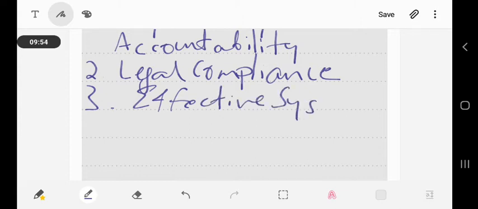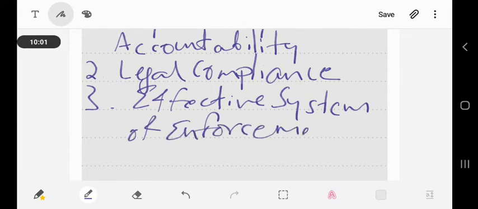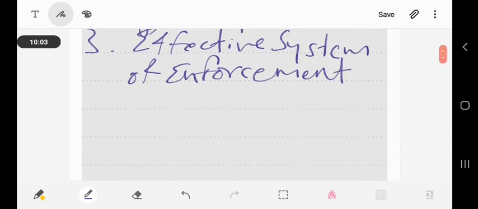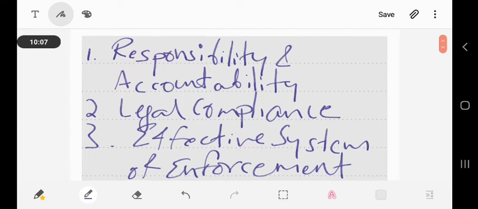Effective system of enforcement. So to meet all these things, there must be a mechanism for responsibility and accountability, there must be a mechanism for legal compliance, and also there must be a mechanism for an effective system of enforcement.